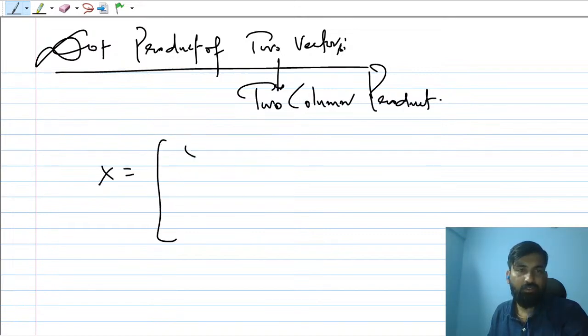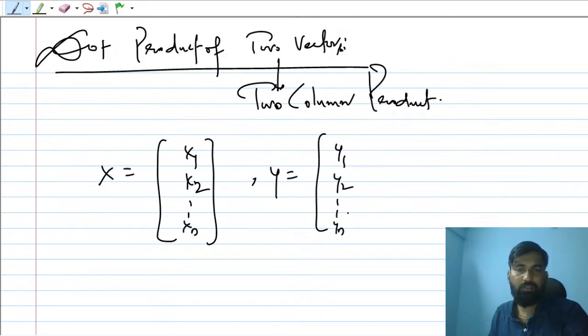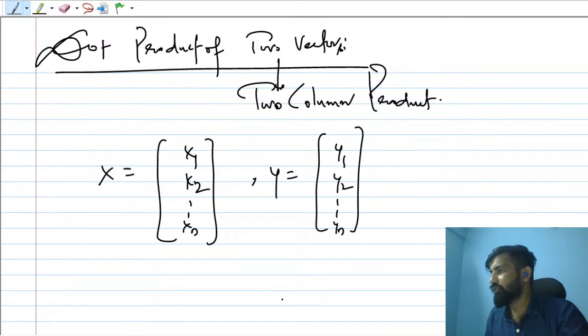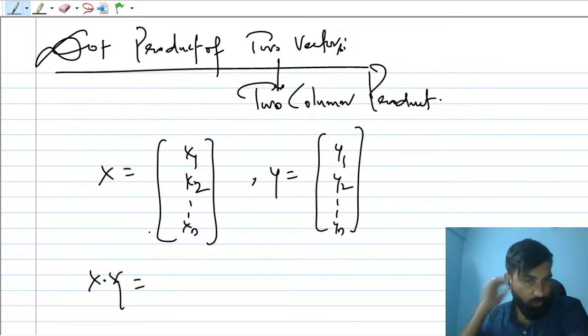X vector is x1, x2, dot dot, xn, and we have been given a vector y, which is y1, y2, and so on up to yn, right? So if we want to find x dot y, that is the dot product of two vectors, keep in mind always that the dot product can be found out like this.